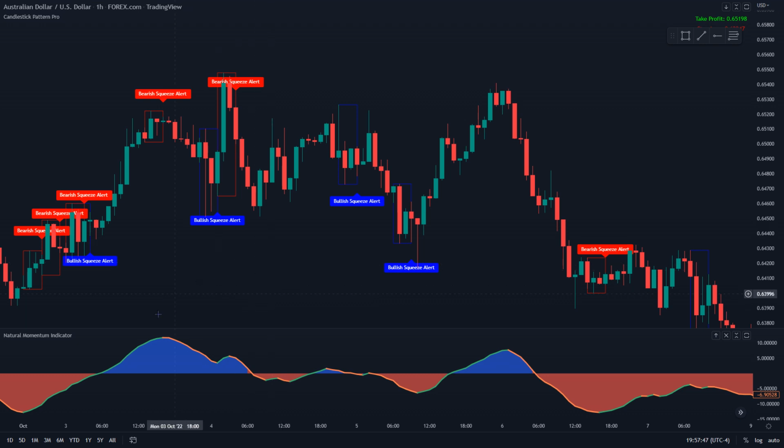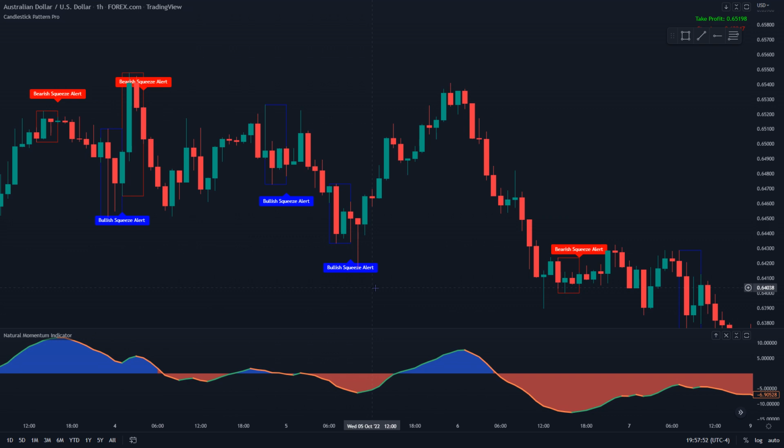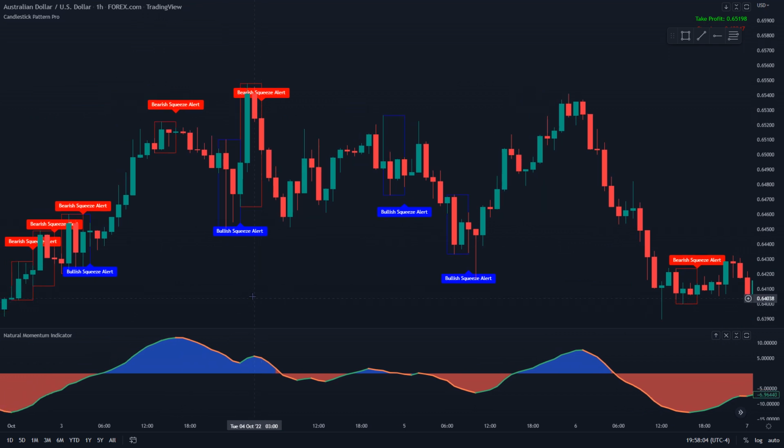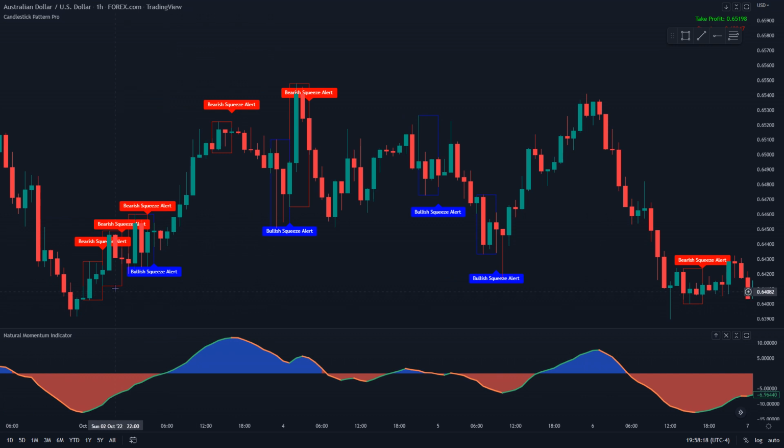And as you can see, I've got the natural momentum indicator of ours on here. As the name suggests, this is another great momentum confluence with some of these. As we can see, this bearish squeeze is lining up right as the green line is turning red, indicating that the bullish move we just came out of might be over.